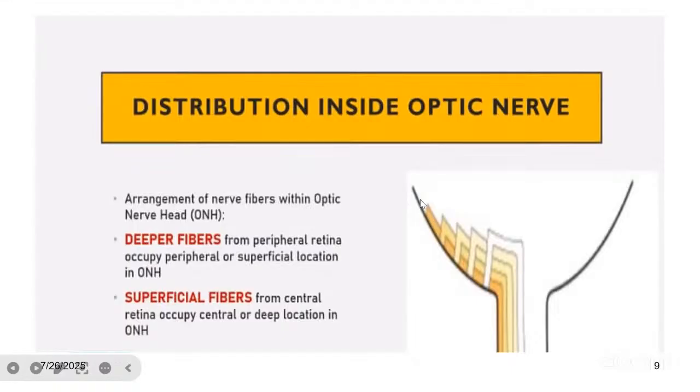So it means fibers that are coming from anterior retina, closer to the ora serrata, will be more peripheral, and they will also be located at the superficial parts of the optic nerve. And so those that are superficial in the retina occupy the central portion of the optic nerve head.